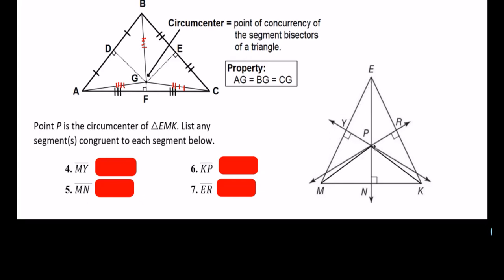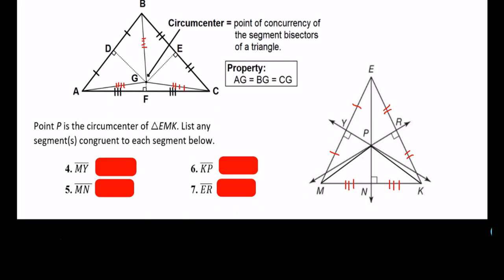If you notice right here, this is the perpendicular bisector because I know that this is the circumcenter. You have the three perpendicular bisectors meeting and forming the circumcenter. So I know that this will be the same as this one, and these two are going to be the same, and this one will be the same.